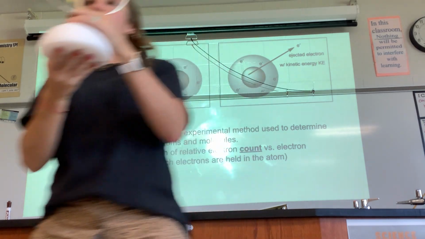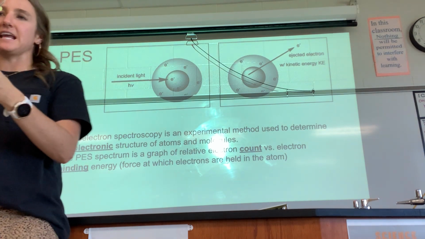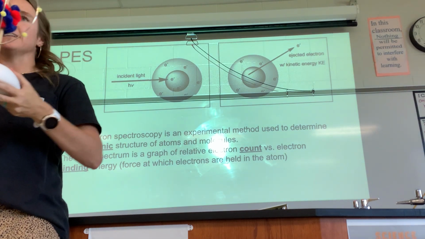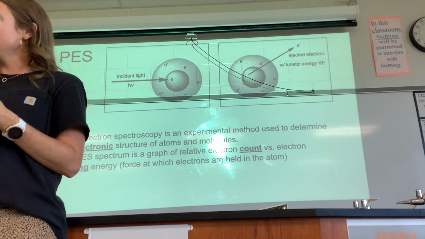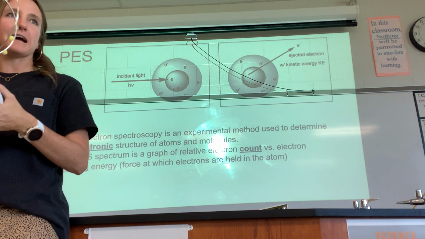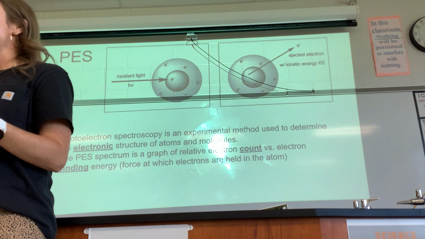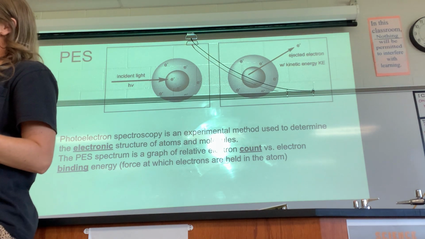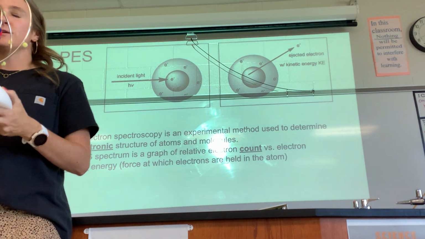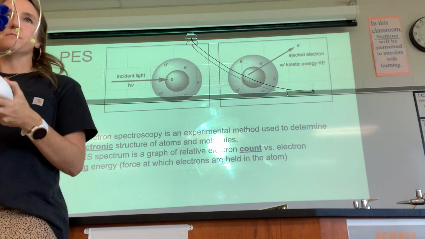So don't say anything out loud, but just to put together what I've been saying, are all electrons loved the same by the nucleus? If love represents the attractive force. Don't say anything out loud. Or could you point to me on my model which electrons are loved the most? Raise your hand if you have an idea of which ones are loved the most.